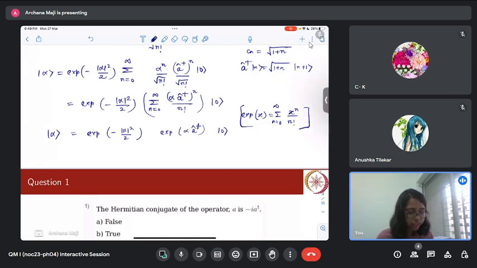Now this can be written in a more compact way if we introduce another term.